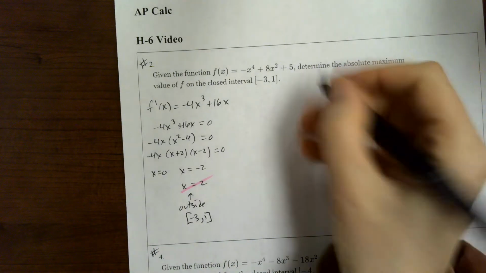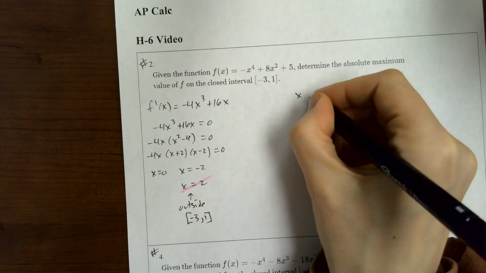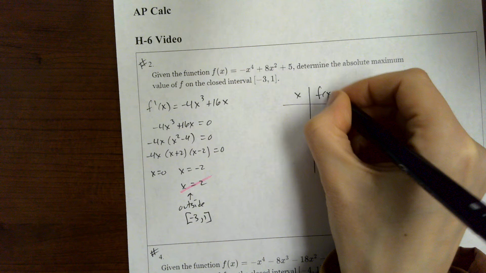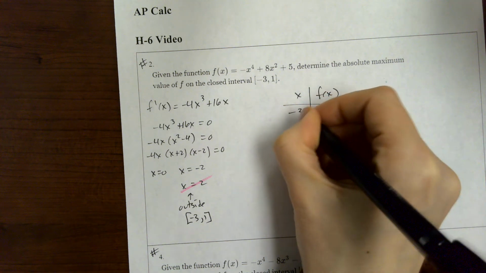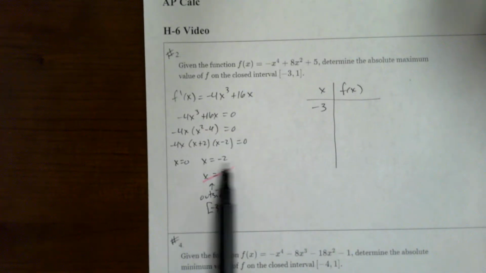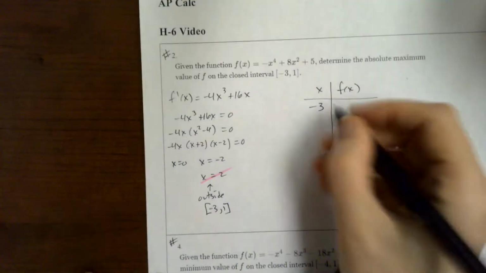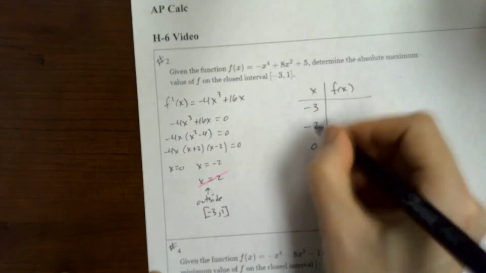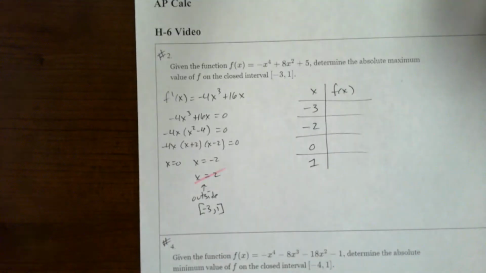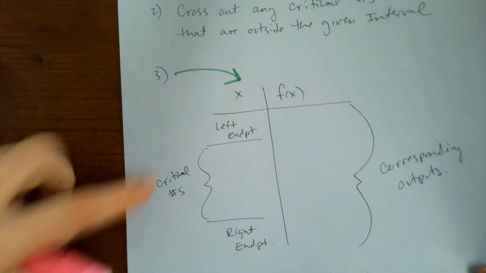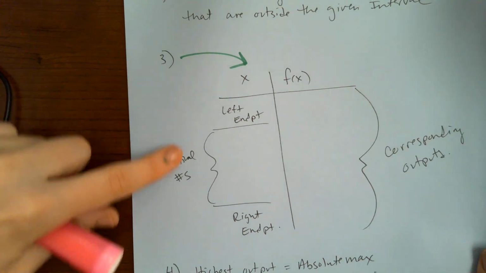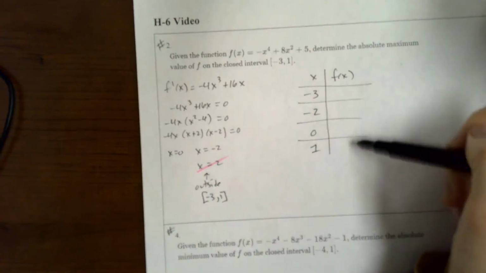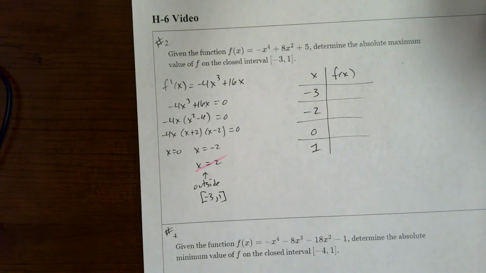Now step 3, x and f of x. So negative 3, and then what comes next is negative 2, and then 0, and then 1. Okay, so just like I said here, we start with the left endpoint, we put the critical numbers in here, right endpoint. And now we just have to get the corresponding outputs.